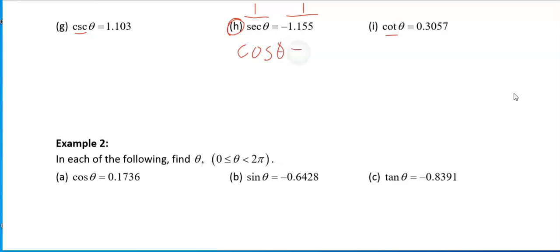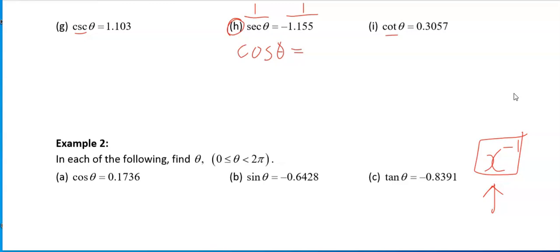Okay? And then what I do is I take the reciprocal using your calculator. And there's several buttons you can use to take the reciprocal, by the way. You could just type in 1 divided by negative 1.155. That would work fine. Or also you could use the reciprocal button on your calculator. If you just type in negative 1.155 and hit that button, your calculator will automatically take the reciprocal.